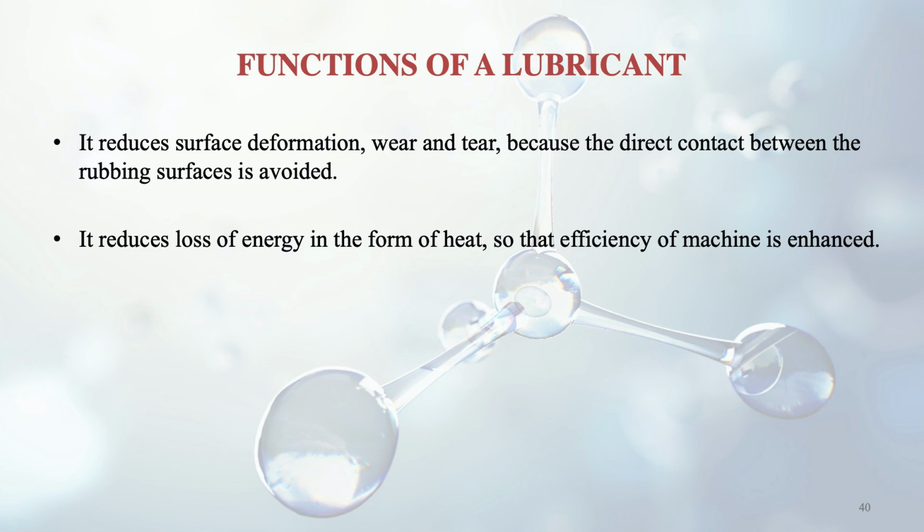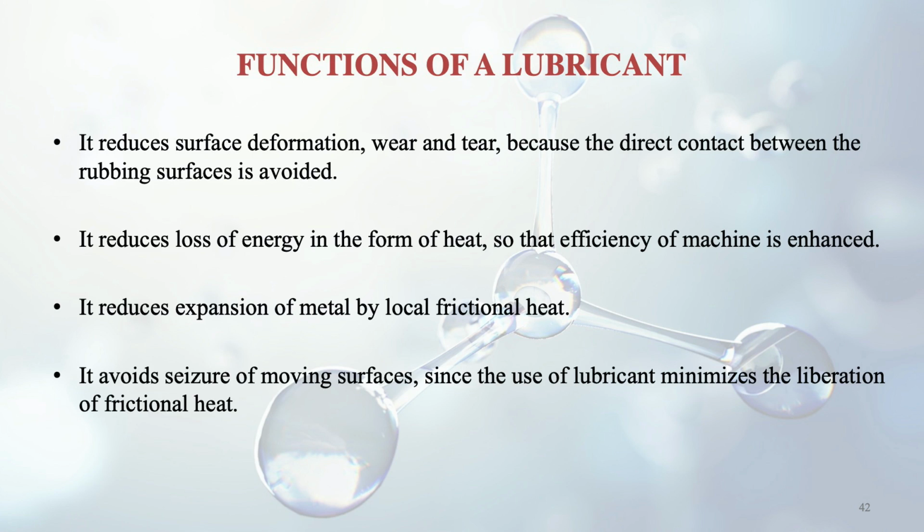And this lubricant then reduces the expansion of metal by local frictional heat. So any kind of deformation that may be happening in the metal because of the heat production due to the rubbing will now be less, because the lubricant will help us to avoid that. And it avoids seizure also. Seizure means the two things have got stuck with each other, like seizure happens in internal combustion engines.